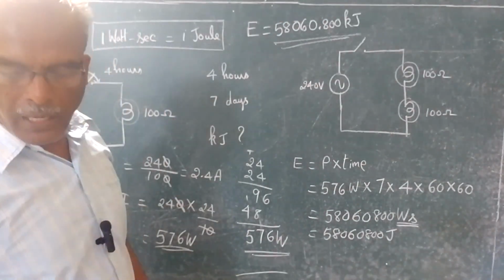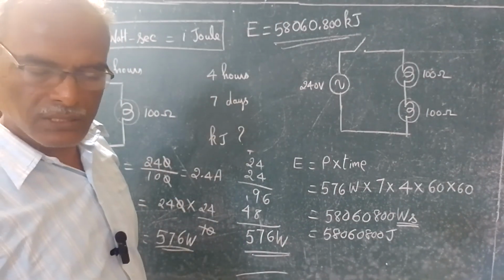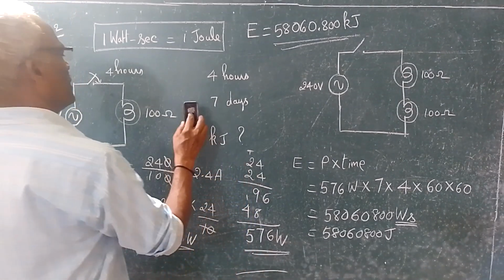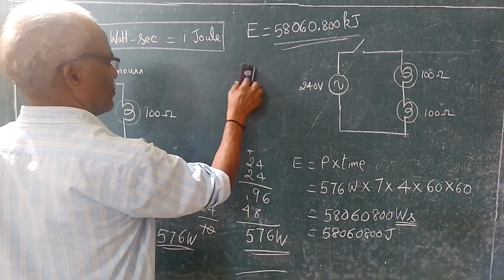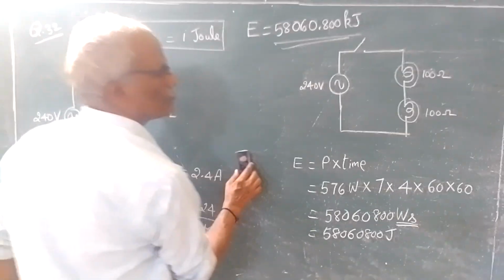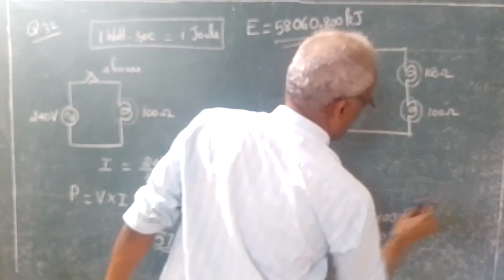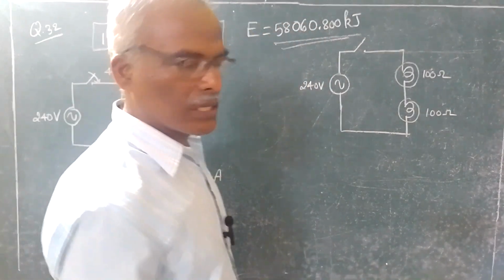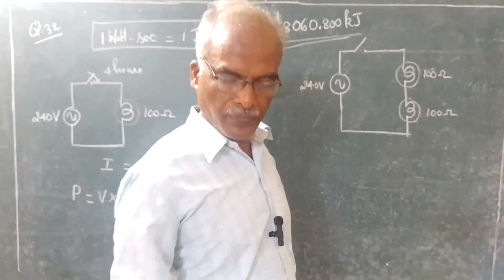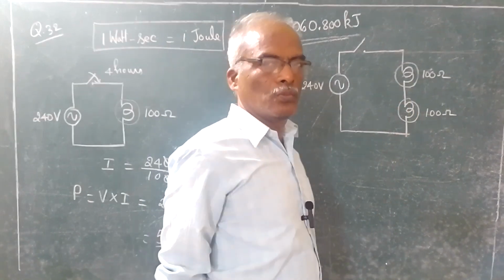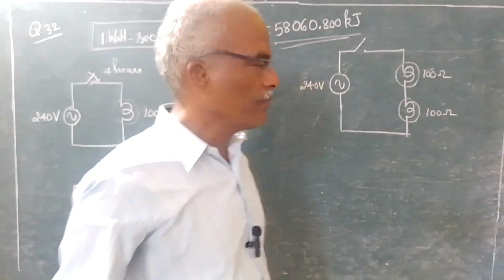Now what we have to do is the second part of the question. Now what Kaveri does is, she is connecting two bulbs in series.